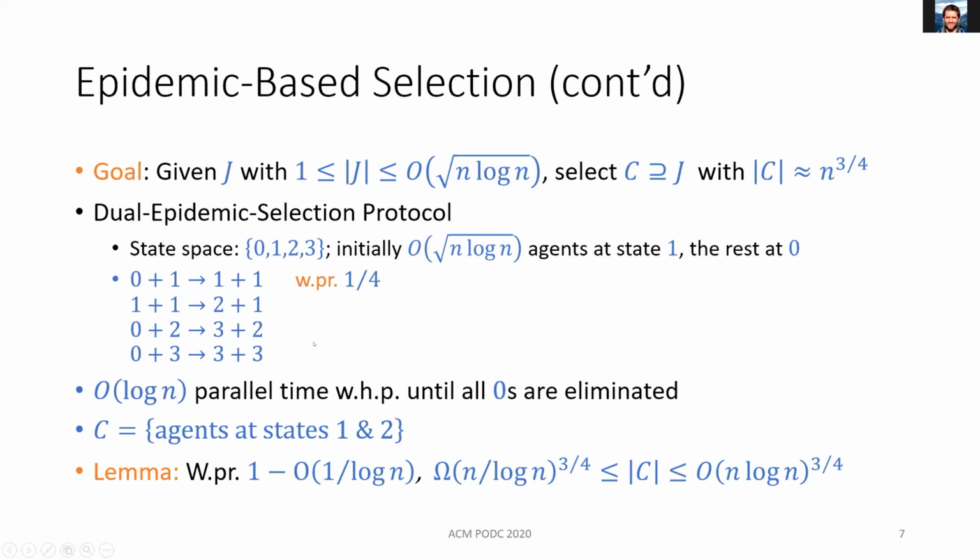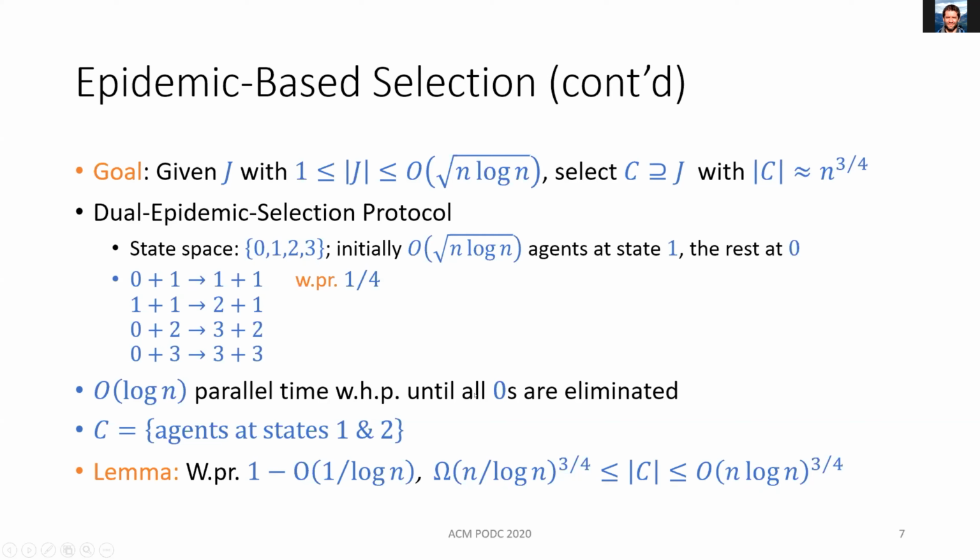So what we have essentially here is two epidemics that compete with each other, an epidemic of ones which starts with a larger support but is slower, and then the second epidemic that starts later but spreads faster. Okay, and then our set C is the final set of agents that are in state 1 or 2.